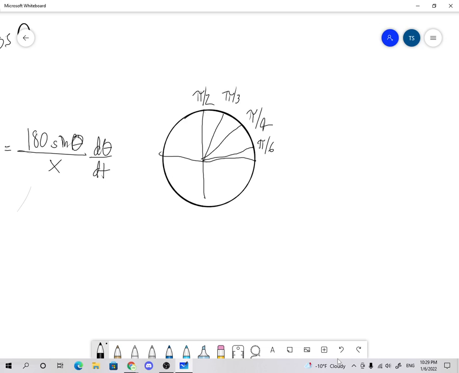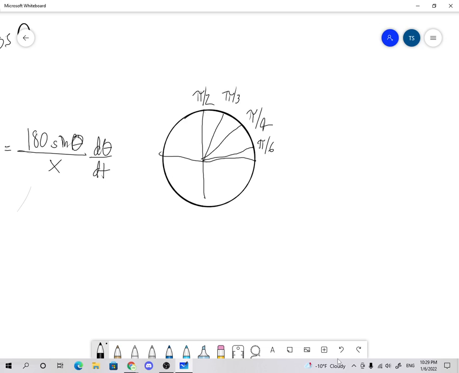Pi divided by 90. Is it cosine of 2 degrees? But this should actually be degrees. There we go. Okay. That makes sense.